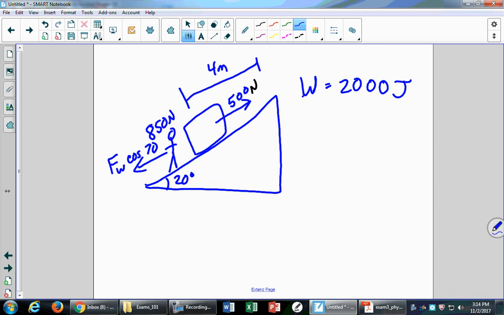And so the work required to make that guy go up would be 850, that's his weight, times cosine 70, times 4 meters. And then you just add those two values together. Okay? Blair, was that you that asked that? Is that okay? But you're not going to have to deal with inclined planes in that way. You'll certainly see inclined planes, but you're not going to have to deal with taking components of the force.